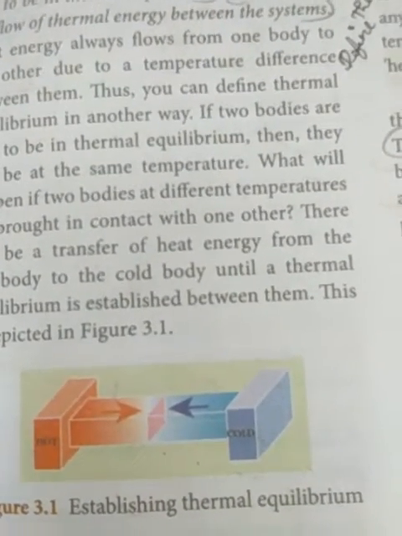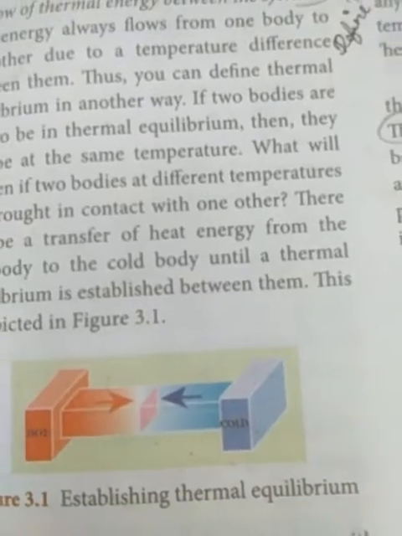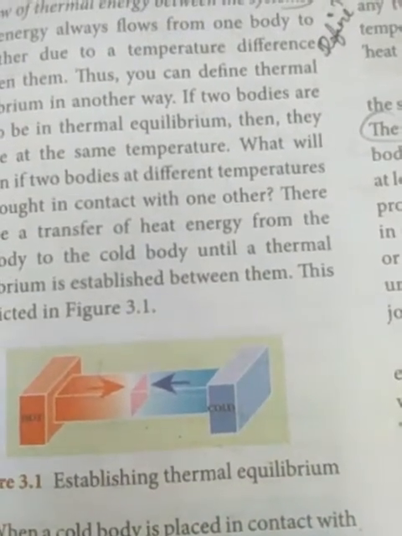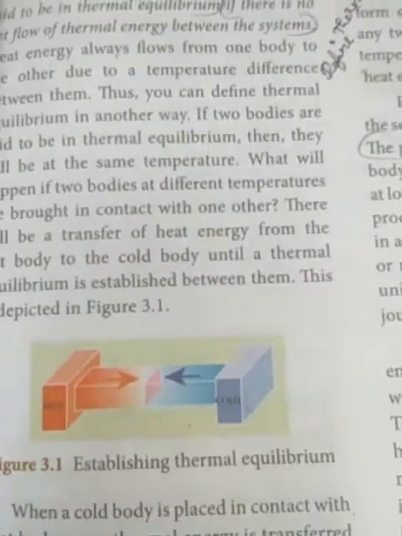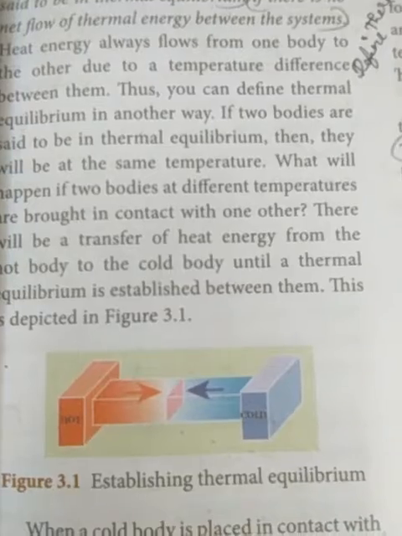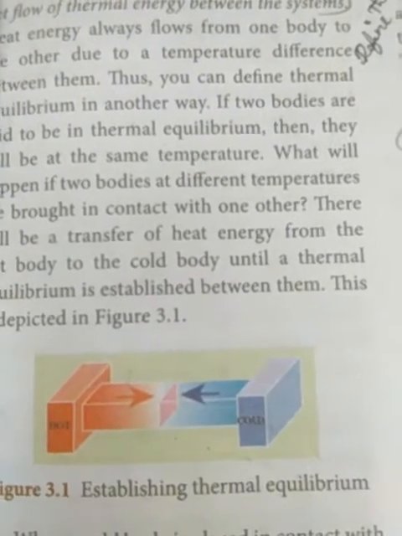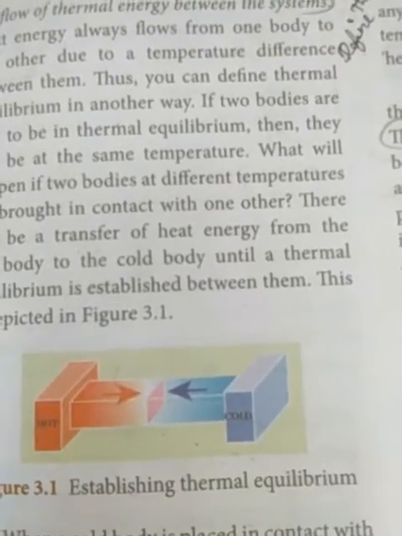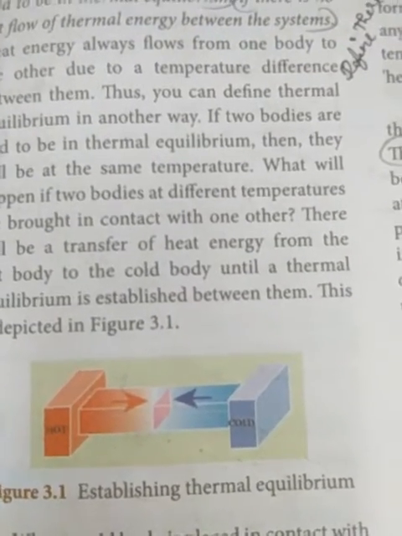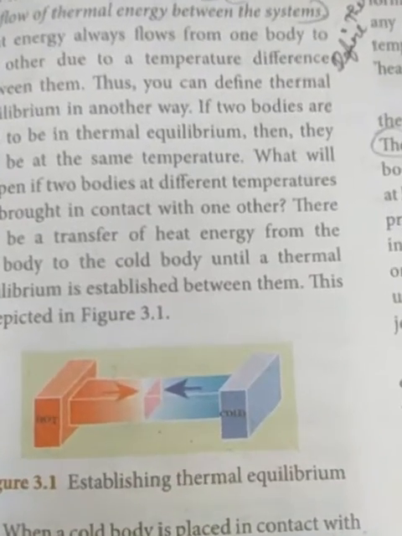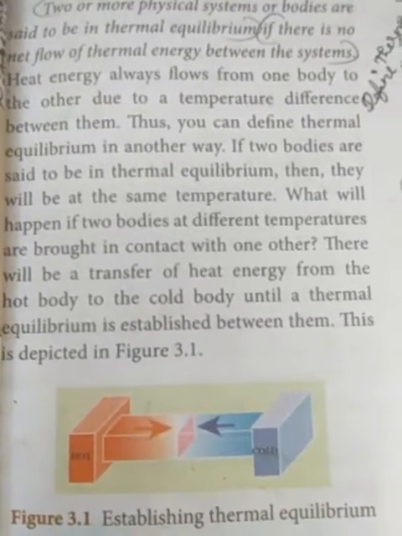So we call it gaining of heat energy, by the colder object. But the hotter object is giving some of its energy to the colder object, so we call it a losing of heat energy.